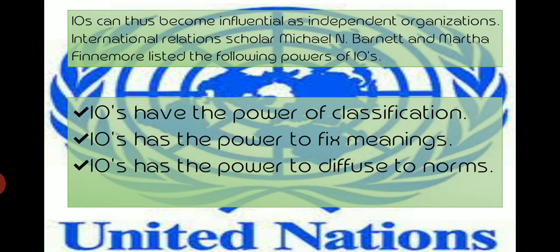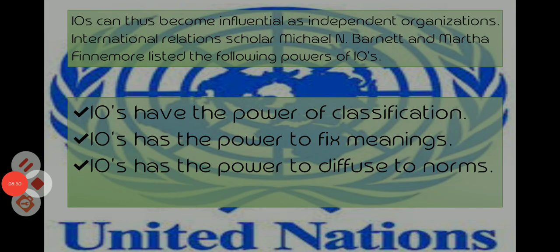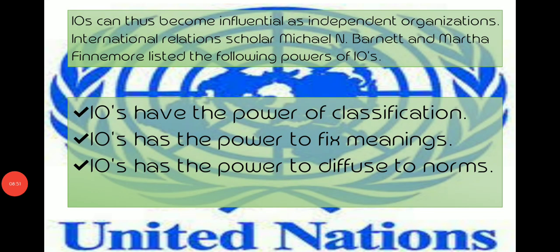So, these international organizations can thus become influential as independent organizations. International relations scholars Michael Barnett and Martha Finnemore listed the following powers of the IO. So, bakit sinabi nga na influential itong mga international government organizations na ito?